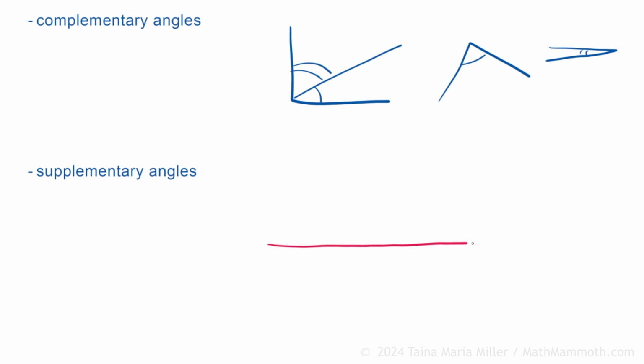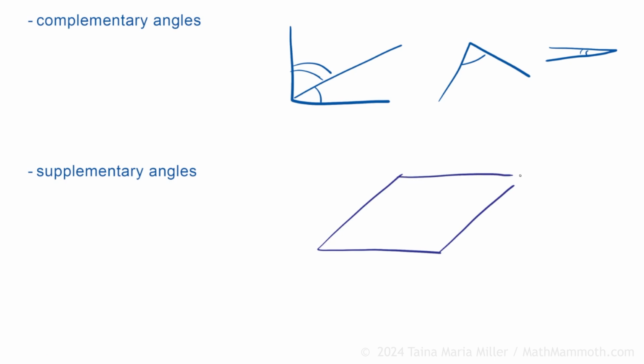Supplementary angles, one common example is that if we have a straight angle here, then we have two angles that form it. Here's one, and then over here is the other one, an obtuse angle. Those two together are supplementary angles. But they don't have to be adjacent. Let's look at another example. And that's just a plain old parallelogram.